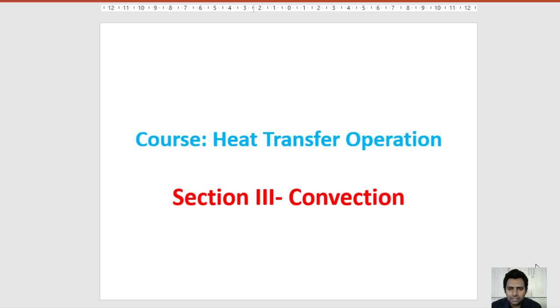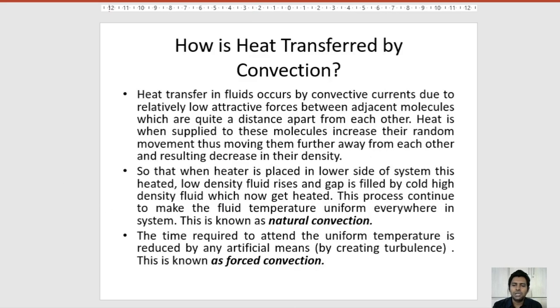In conduction, we saw that heat transfer occurs in solids, but convection occurs in fluids. That means either in liquids or in gases. So in convection we have to look at the different mechanisms of convection.